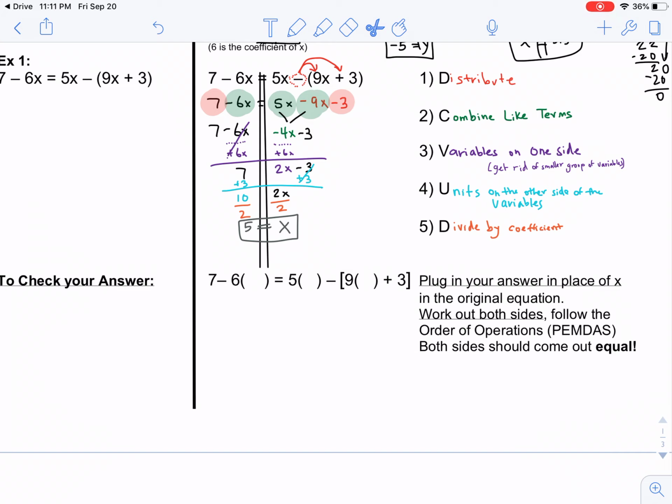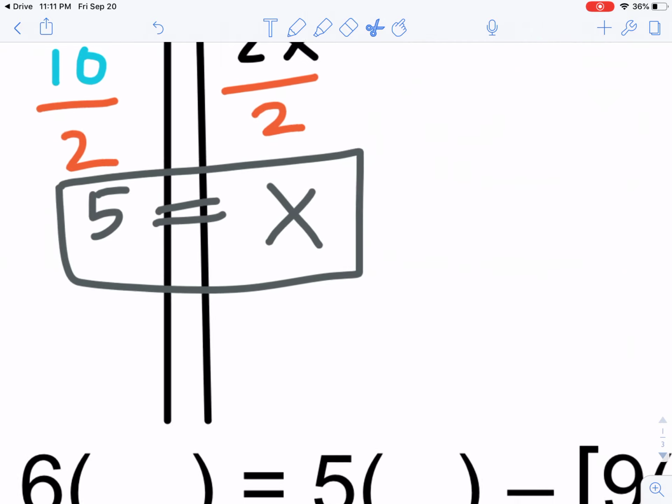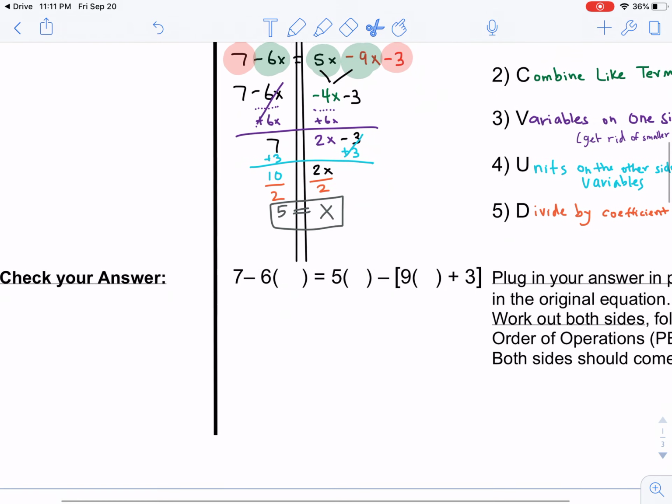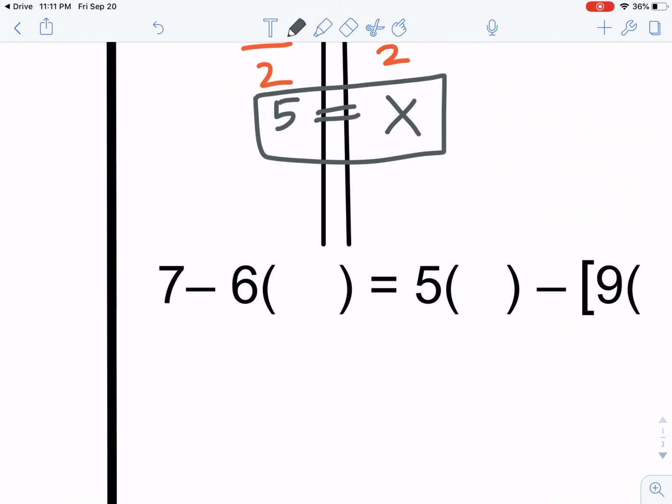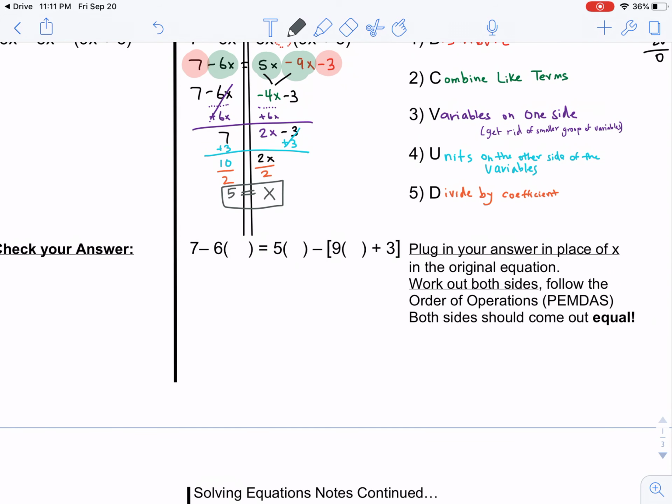If I solved for this equation and I said x equals 100, even though it's not, because x equals 5, we should be able to take our answer and plug it in place of x in the original equation.